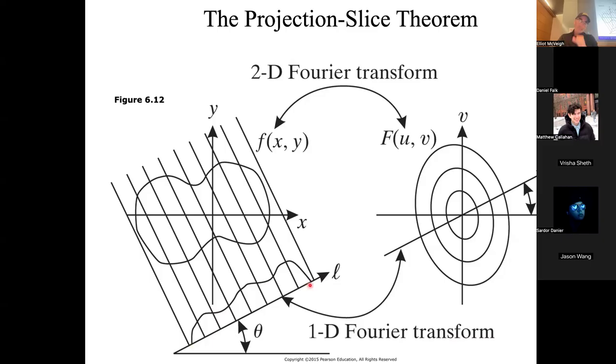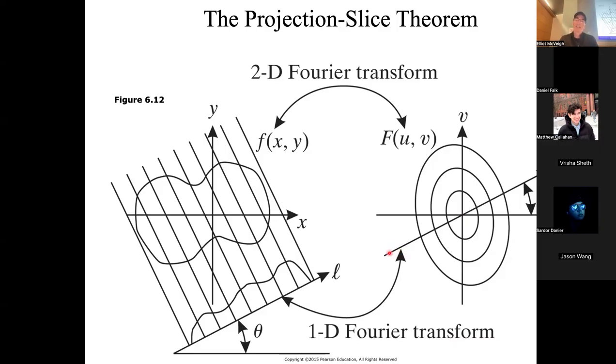So we have L this way, theta is fixed. We've fixed theta, it's that projection, okay? If I take the Fourier transform of this using L as the spatial variable, and I go into spatial frequencies, I get another function, a one-dimensional function over here, right?